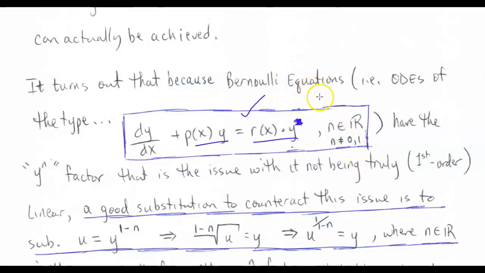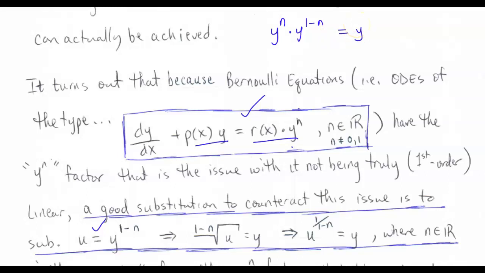Now, for these Bernoulli equations, or as I like to call them, first order linear ODEs with an identity crisis, how we actually deal with them is we do the substitution that's prescribed here below, which is we let u be y raised to the 1 minus n, okay? If you think about it, if you have y raised to the n, and we multiply this by y raised to the 1 minus n, then you literally just get y left here.